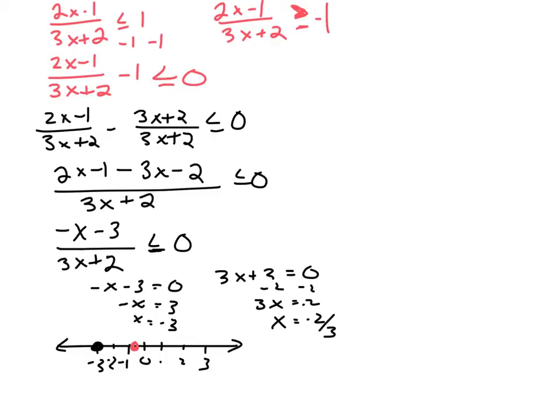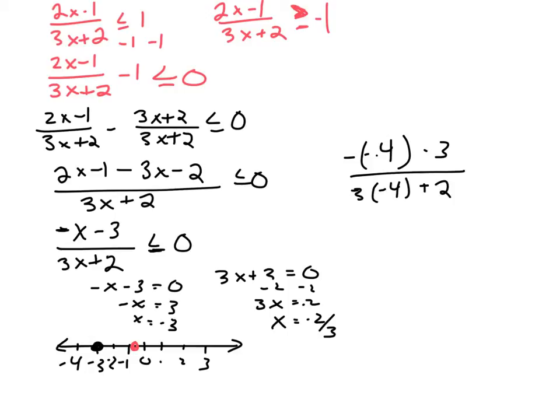I need to figure out when this fraction is negative and when it is positive. I'm going to start over to the left, using a test point of negative 4. So that'll be negative 4, and then it's also negative because it's negative here, minus 3 over 3 times negative 4 plus 2.